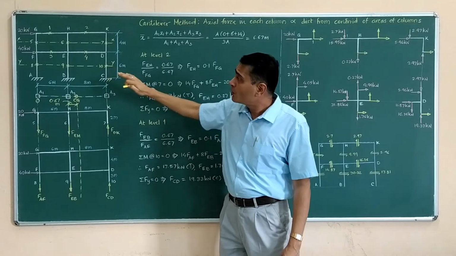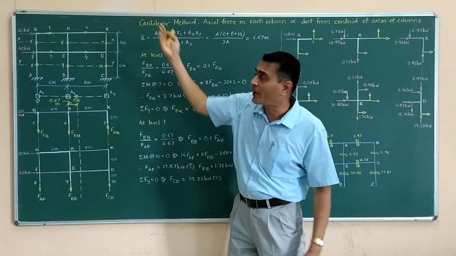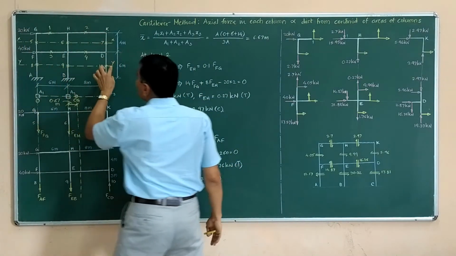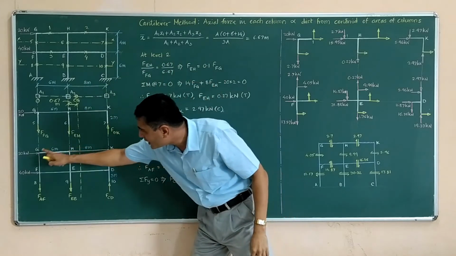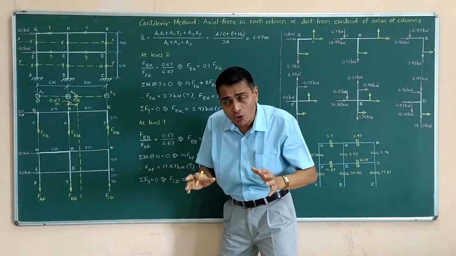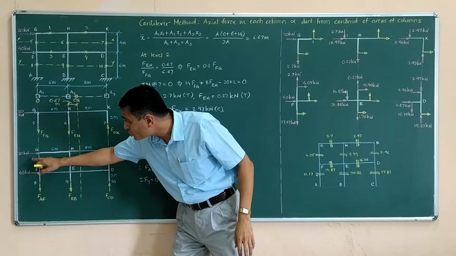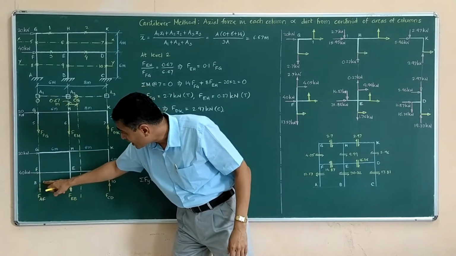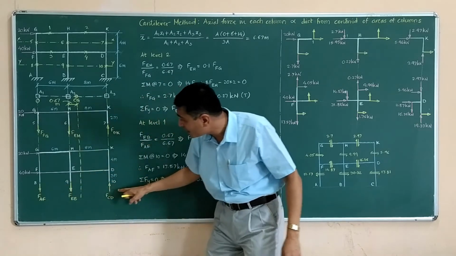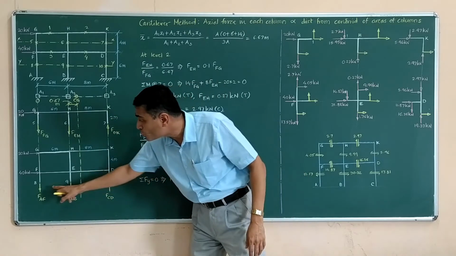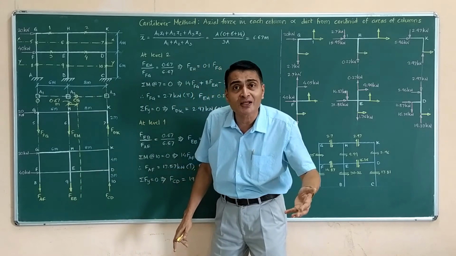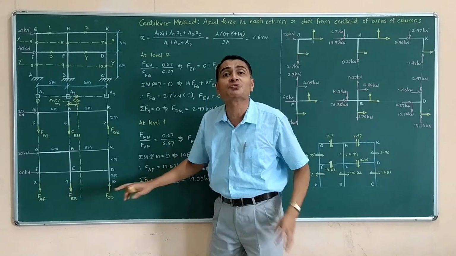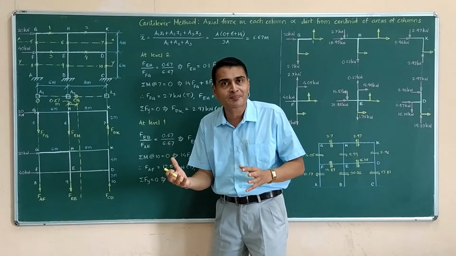I will isolate the portion above YY, that is from 8 to G to K to 10, and that FBD I have shown here along with the 20 kilonewton force and 40 kilonewton force, please don't forget this. F of AF, F of EB and F of CD: these two are again assumed to be tensile on one side of the centroidal line, and this is supposed to be compressive on the other side of the centroidal line.